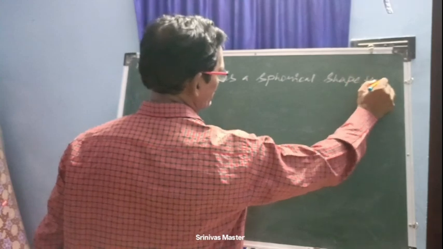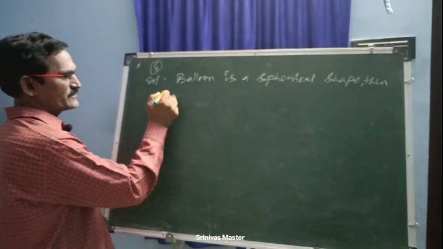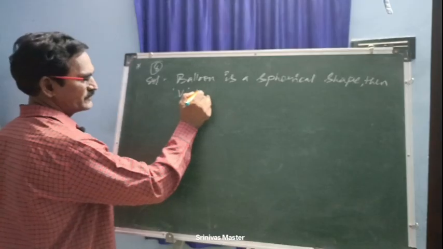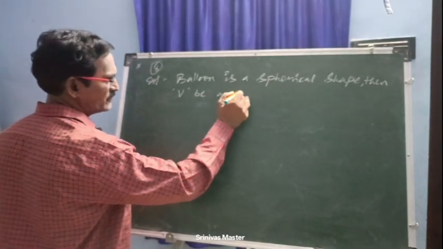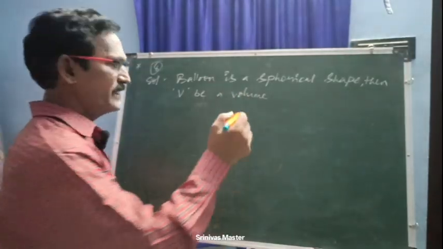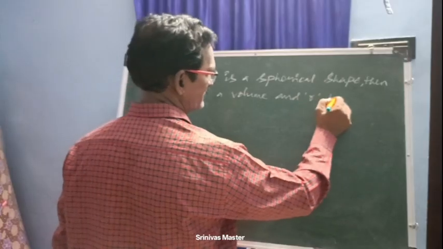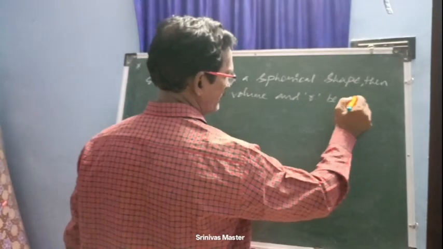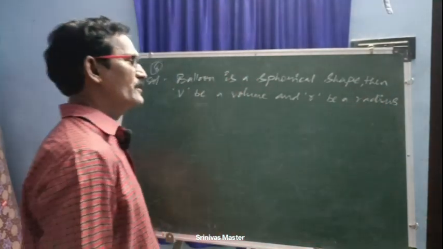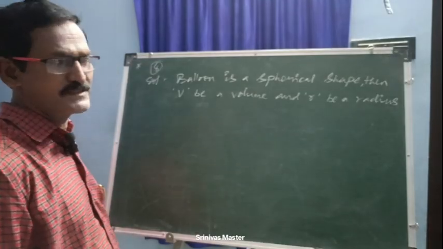Then the volume of a sphere, just you can think that V is the volume and R is the radius. So now simply you can say, what is the volume of a balloon? That means the volume of a sphere.